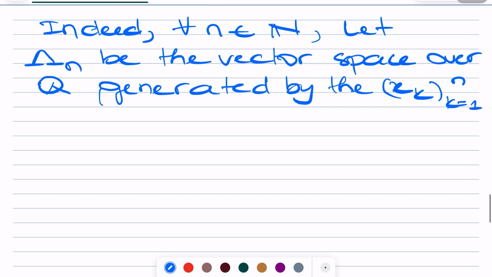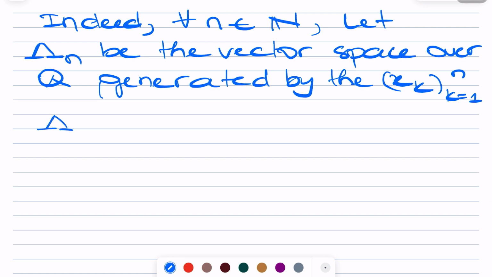So Lambda_n is just the span of x_1 up to x_n, but over Q actually. So the coefficients are in Q.